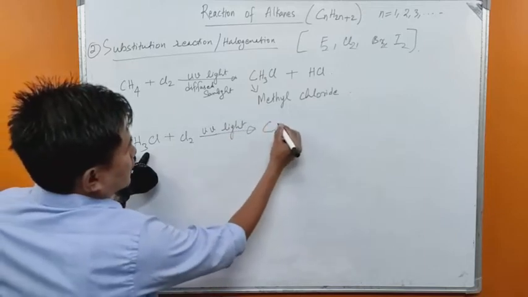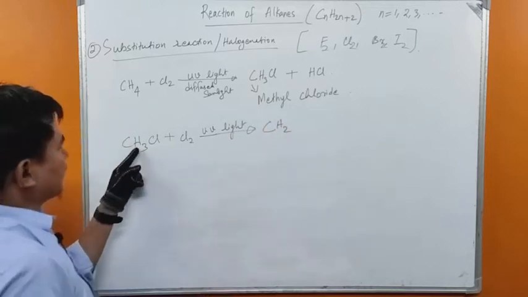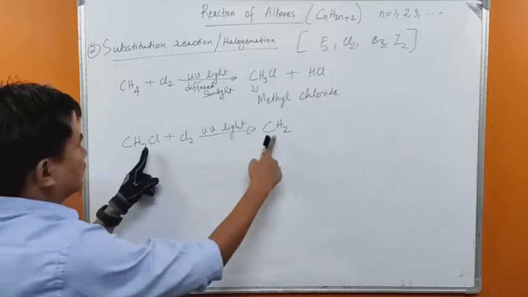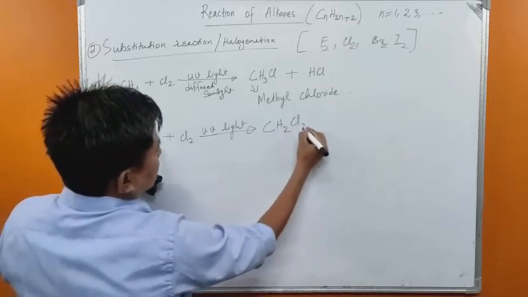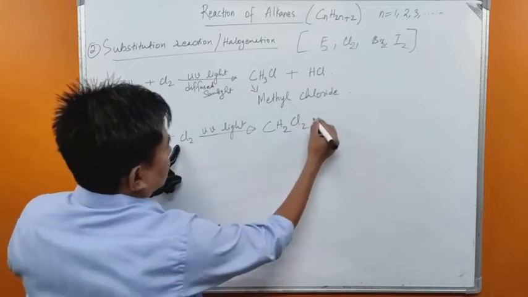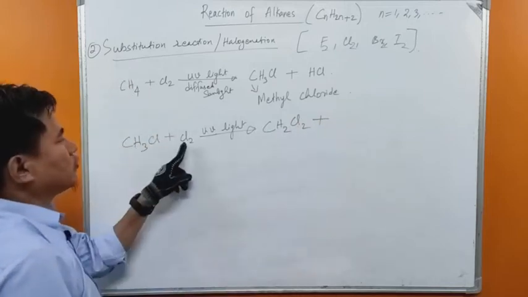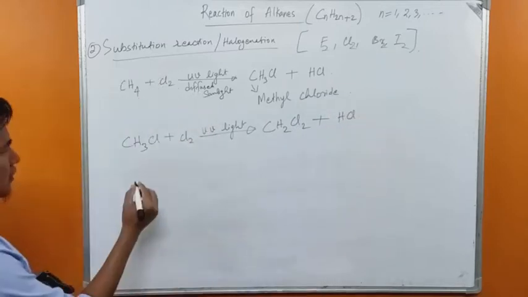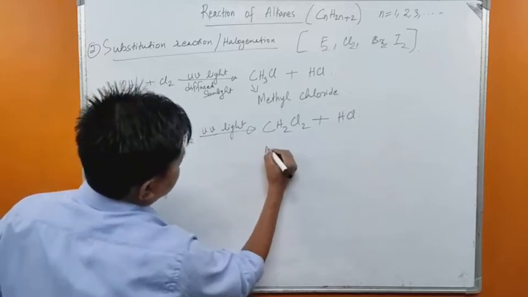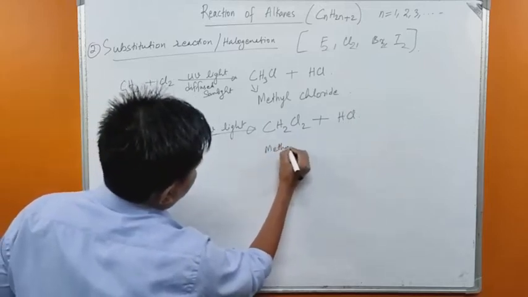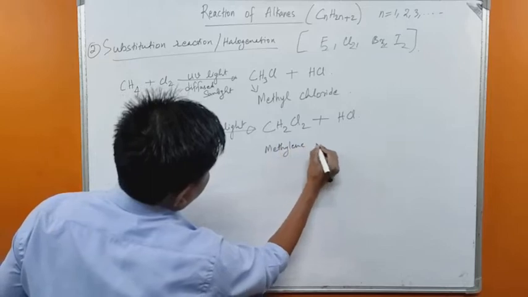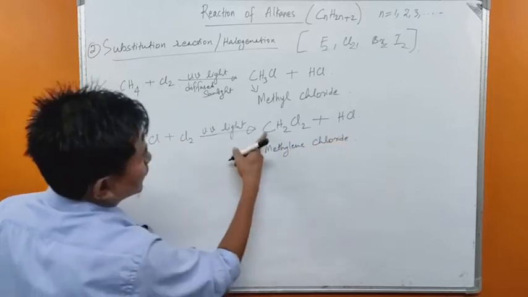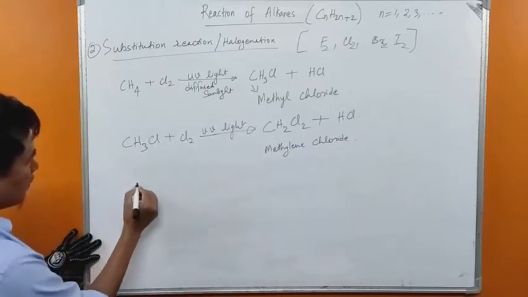Now CH2, we had 3 atoms of hydrogen, so one atom will be replaced, so CH2, and Cl was already there. Now another chlorine atom comes, Cl2, plus that one atom of hydrogen and one atom of chlorine combine to form HCl. Now this is called methylene chloride.